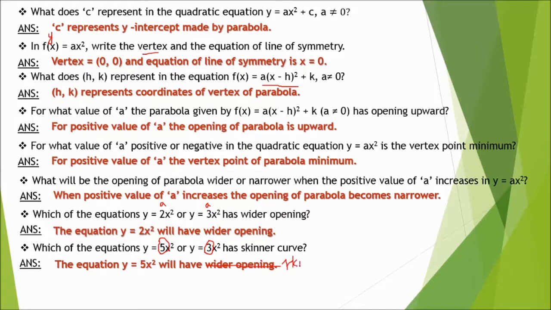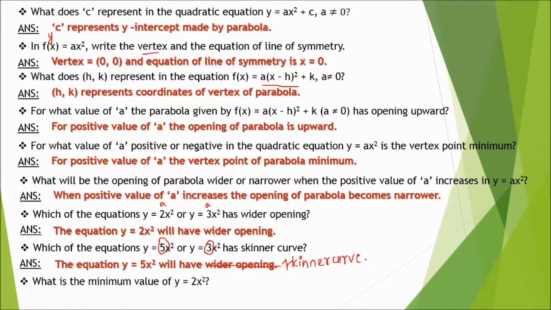Skinner is spelled S-K-I-N-N-E-R. As the value of a increases, the curve will be narrower or skinnier.